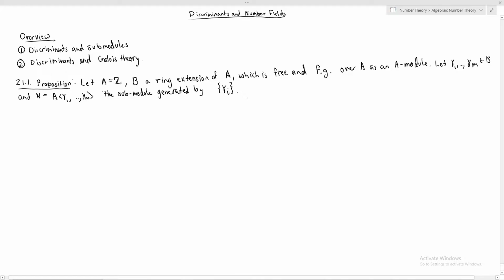Okay. Then basically we have two conditions.